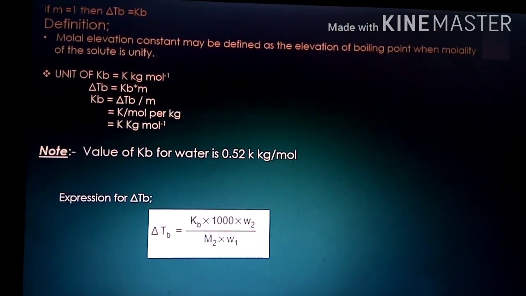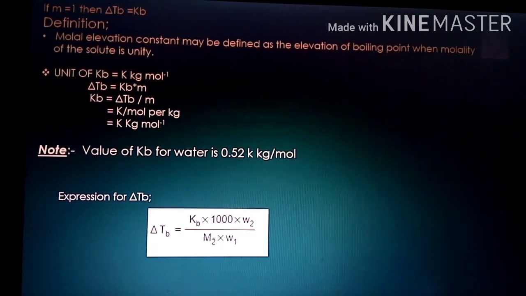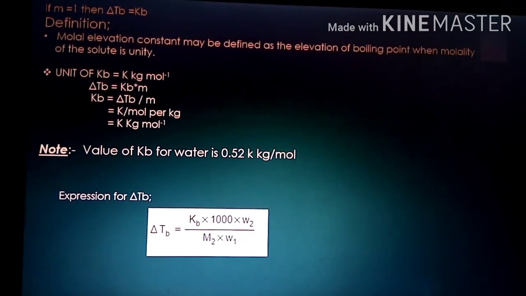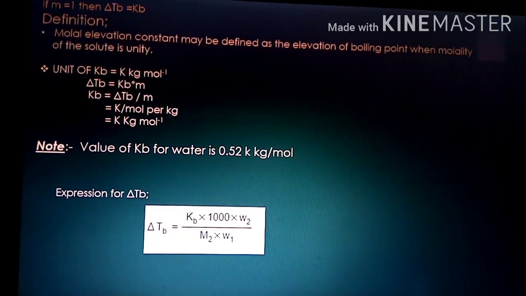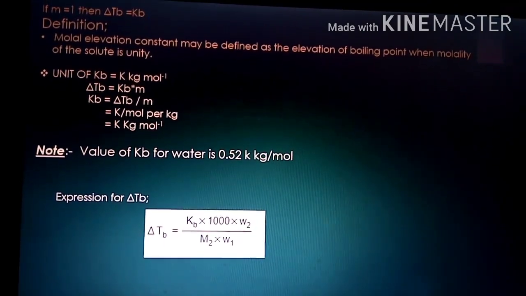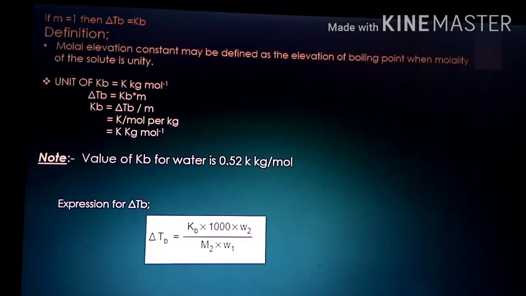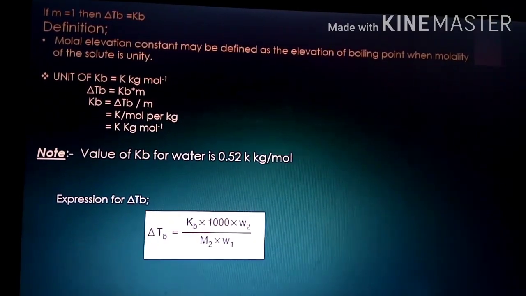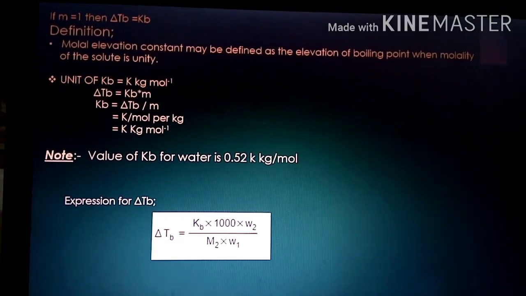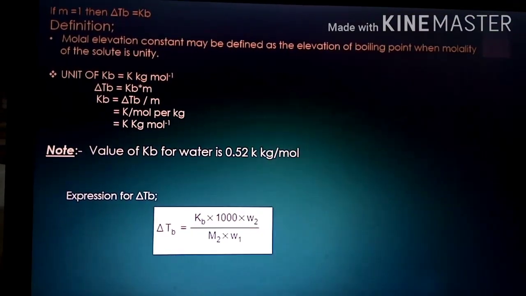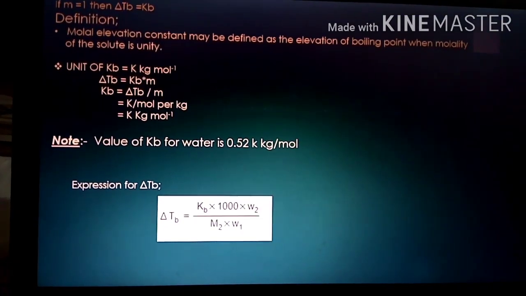To calculate the unit of Kb, we take Kb equals delta TB upon m. Delta TB is the temperature in Kelvin, and m, small m, is the molality, that is mole per kg. So finally it comes Kelvin kg mole inverse.